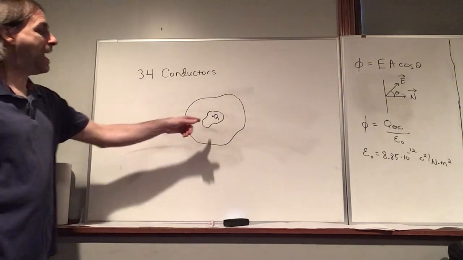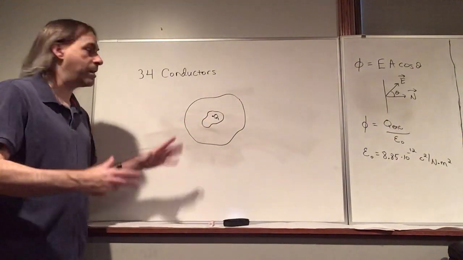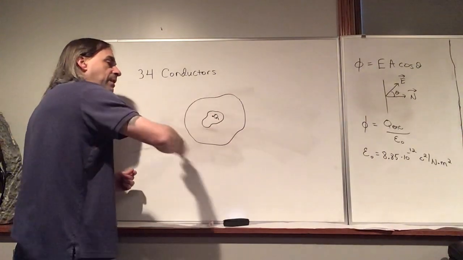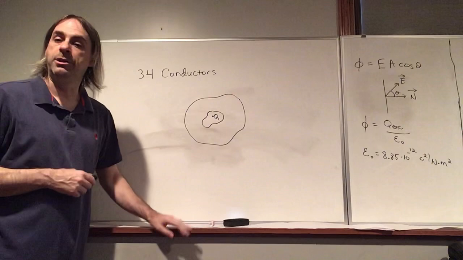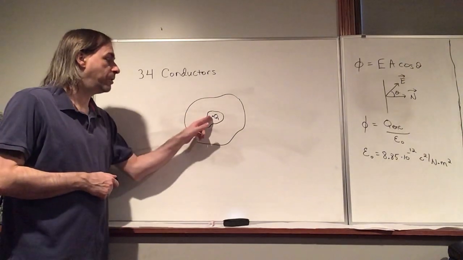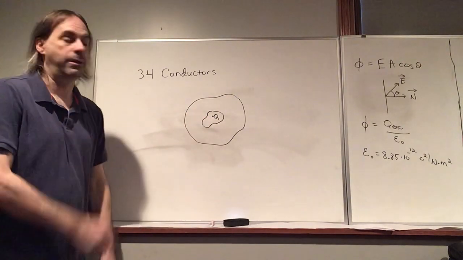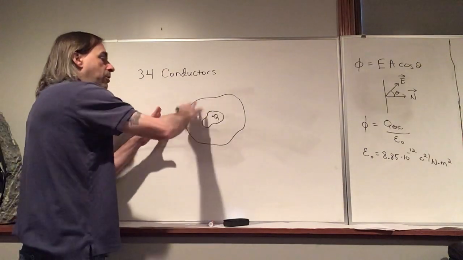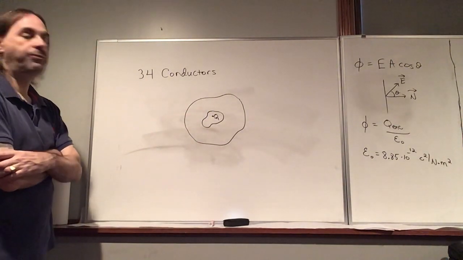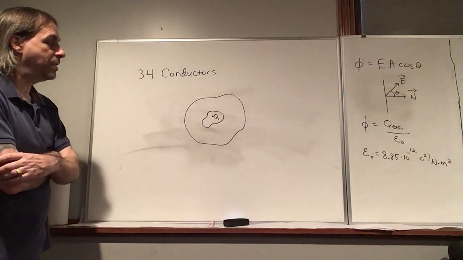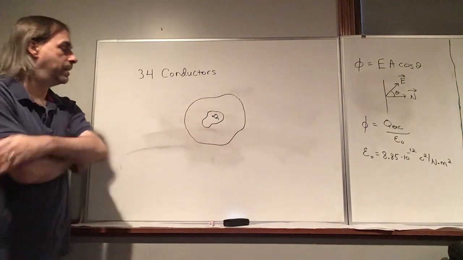But this charge is going to create an electric field in the region of this conductor, and we know the electric field inside the conductor is going to be 0, because this is a static case. We just place the charge there and leave it. So it'll take some time for the charges to move around and adjust themselves, but once they do, we'll have that static case where the electric field inside is 0.